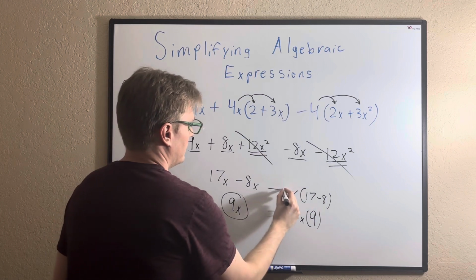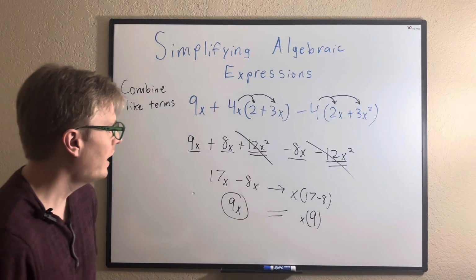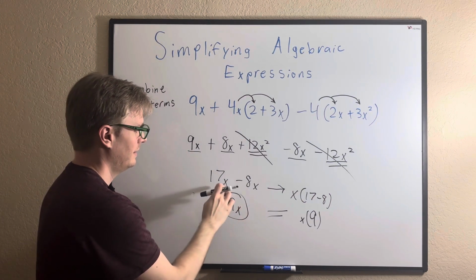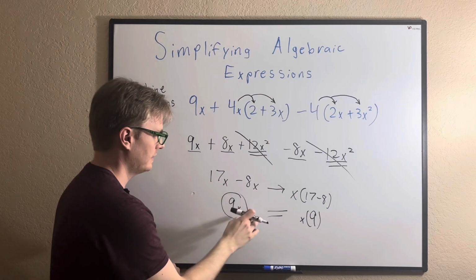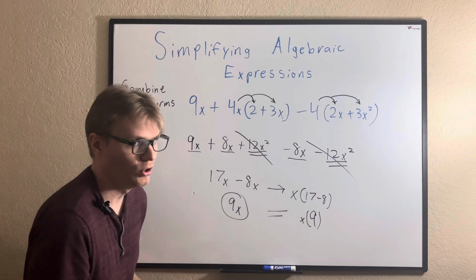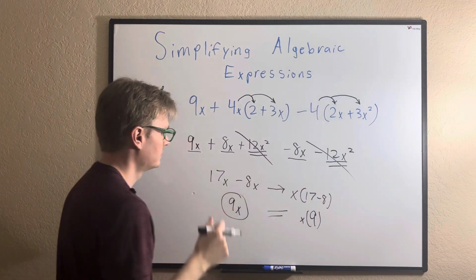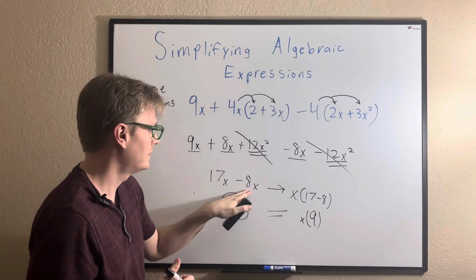So just a little explanation there of why like terms works. Some people might make the mistake of thinking x minus x is 0. No. 12 minus 12 is 0. And that's not what we're doing here. We're subtracting 17 minus 8.